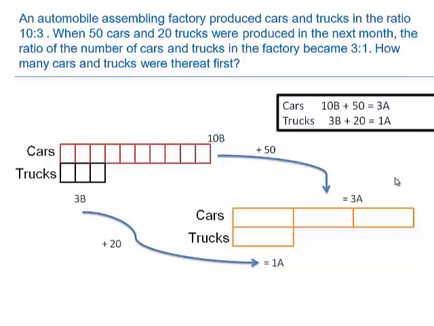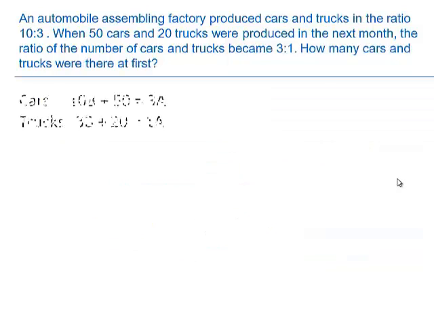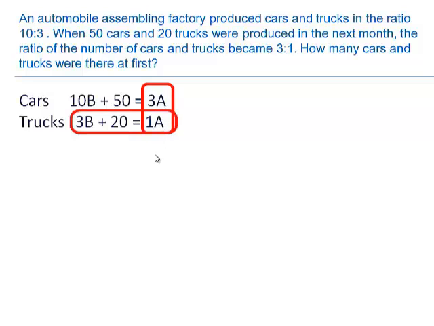Let's see how to handle this using the model method. Now this is the equation that we just saw, and you can see that the 3 after units here is 1 after unit here. We want to make these two the same so that we can equate them. How do we do that? We take 3 before units plus 20 equals 1 after unit.